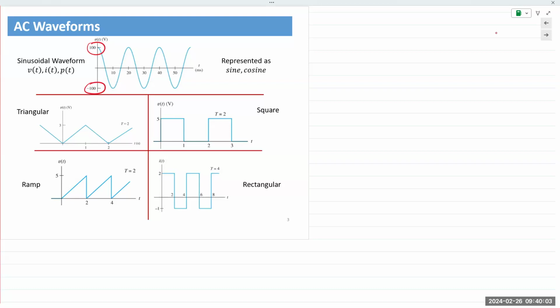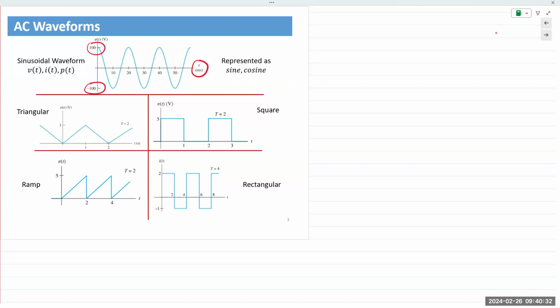On the x-axis, we have time. Here it's referenced as milliseconds, but it could be seconds, it could be minutes, it could be anything. But at any given point in time, the value of that voltage or current or power is different. It alternates between a positive and a negative value. And hence, we call it alternating current.